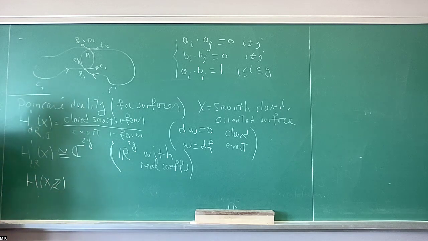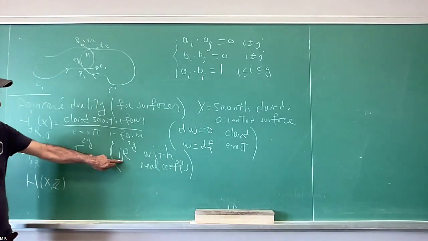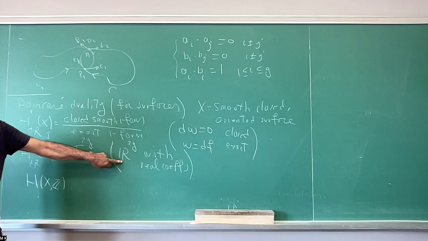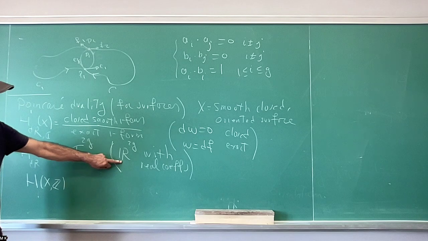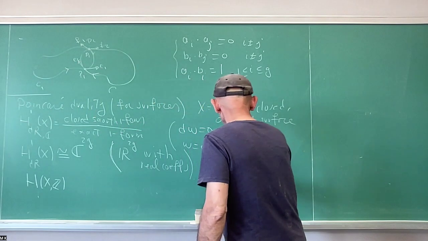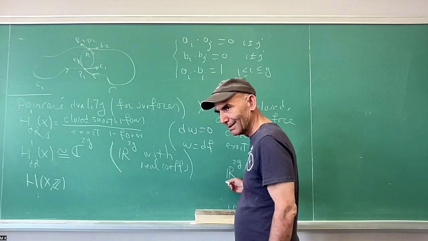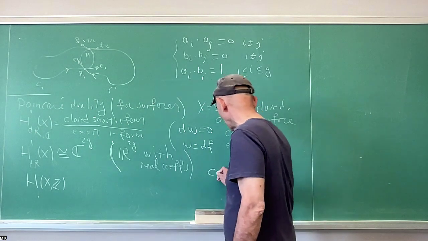If it's C to the 2g, wouldn't it be R to the 4g? No. This is a real vector space, and when you complexify it, that means I take C tensored with this space.